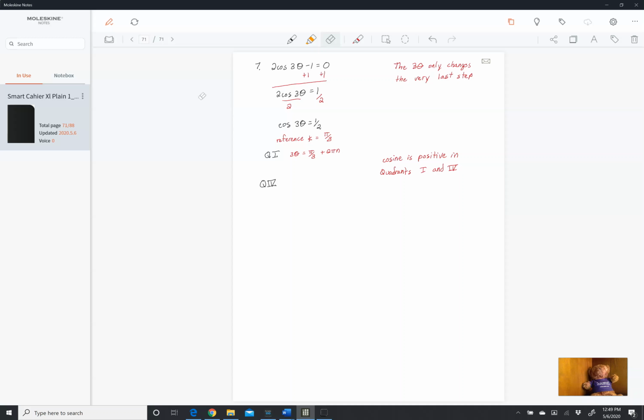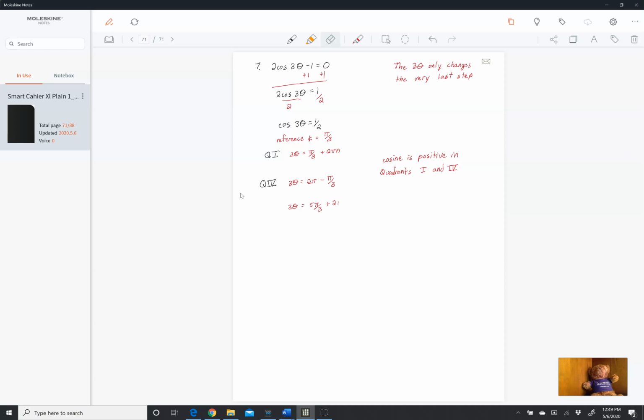Okay? In quadrant 4, 3 theta is 2 pi minus pi over 3. Or 2 pi with a denominator of 3 is 6 pi, so it's 5 pi over 3.